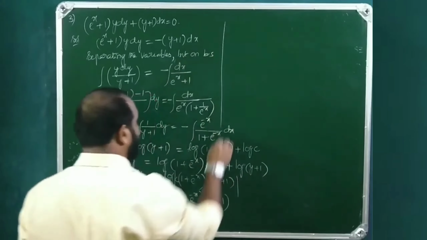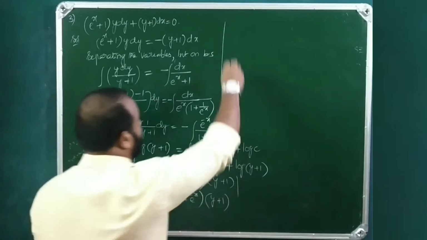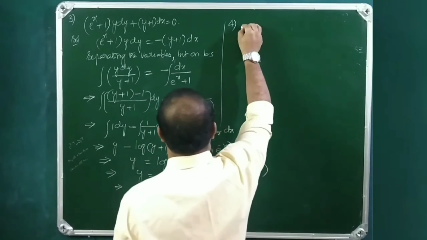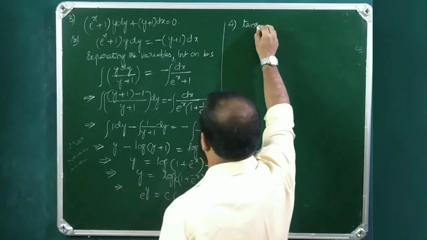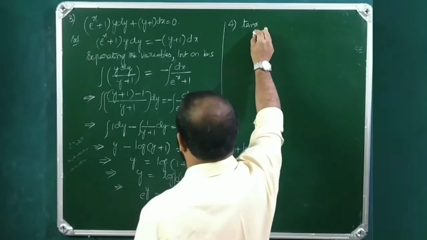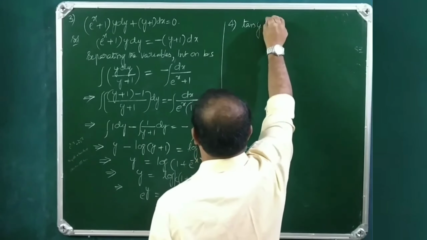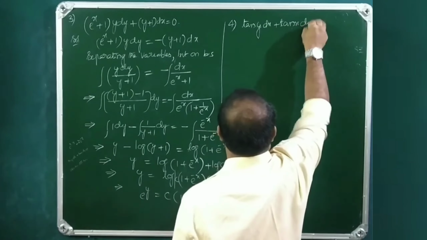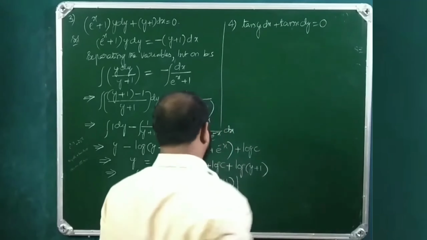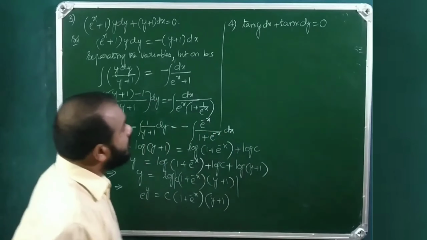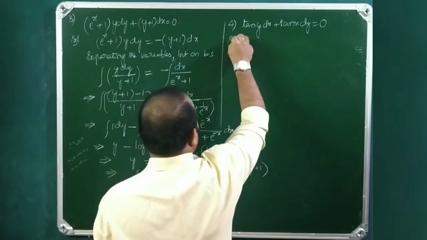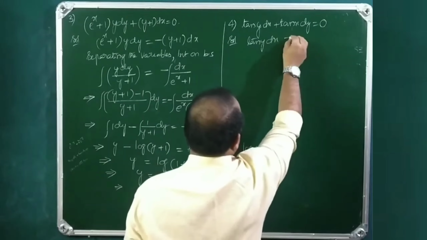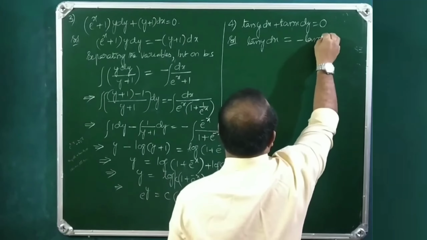Now, so the next question is the fourth one: tan y dx plus tan x dy equals 0. So here tan y dx is equal to minus tan x dy.